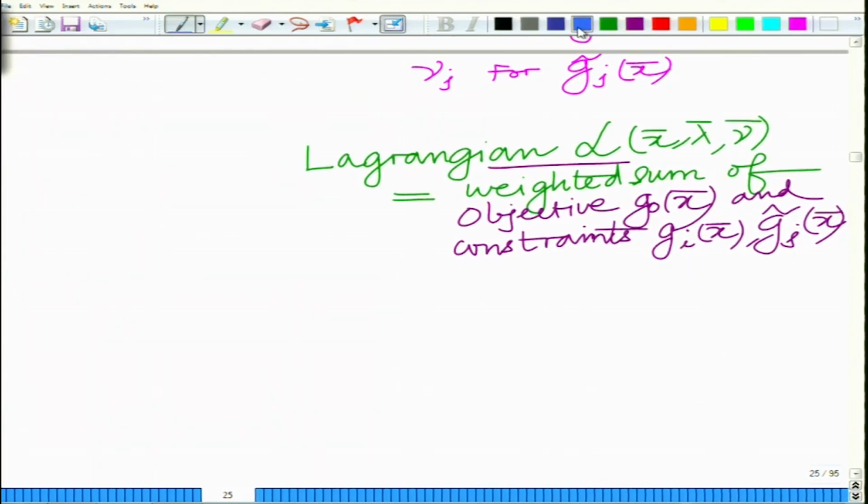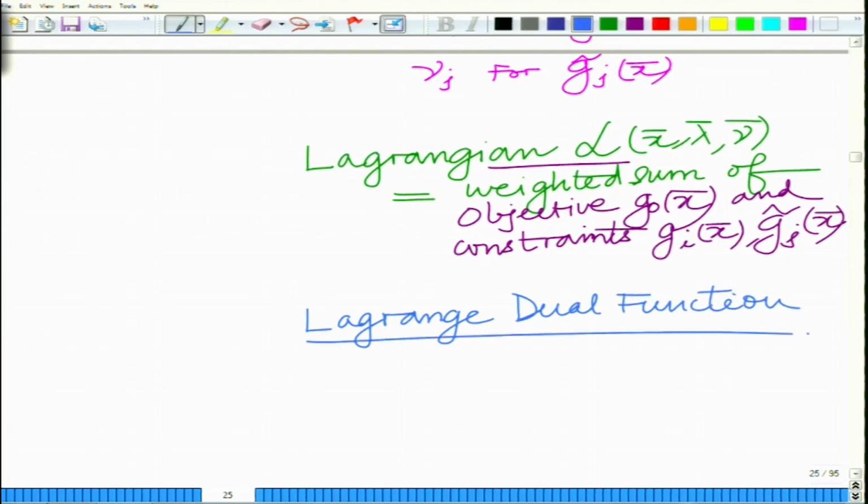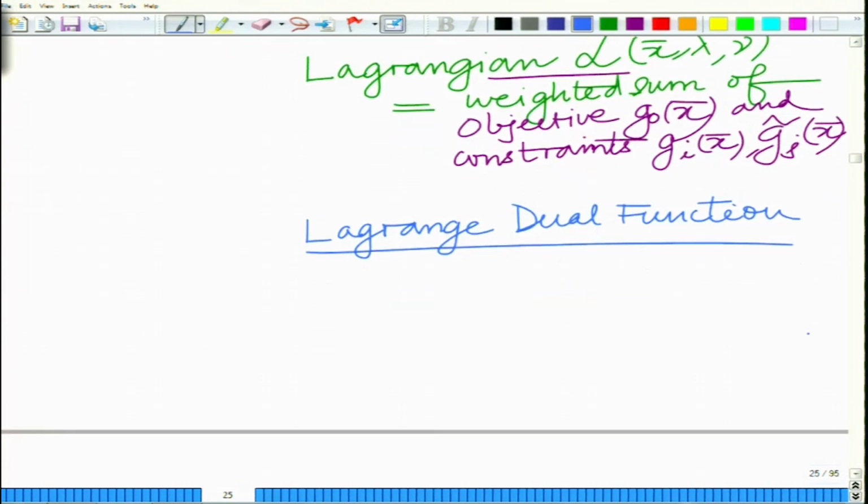Now we can define the Lagrange dual function, g d of lambda bar, nu bar. Remember, this is a function of the Lagrange multipliers.